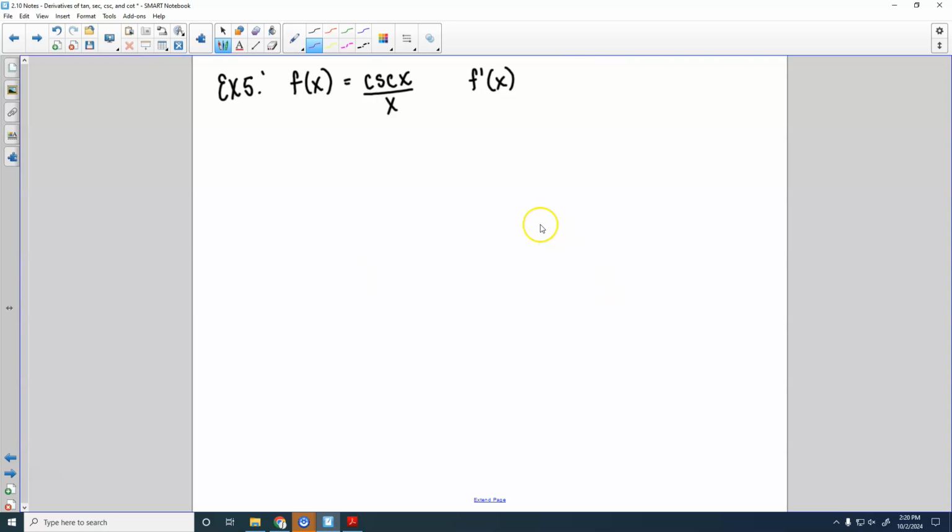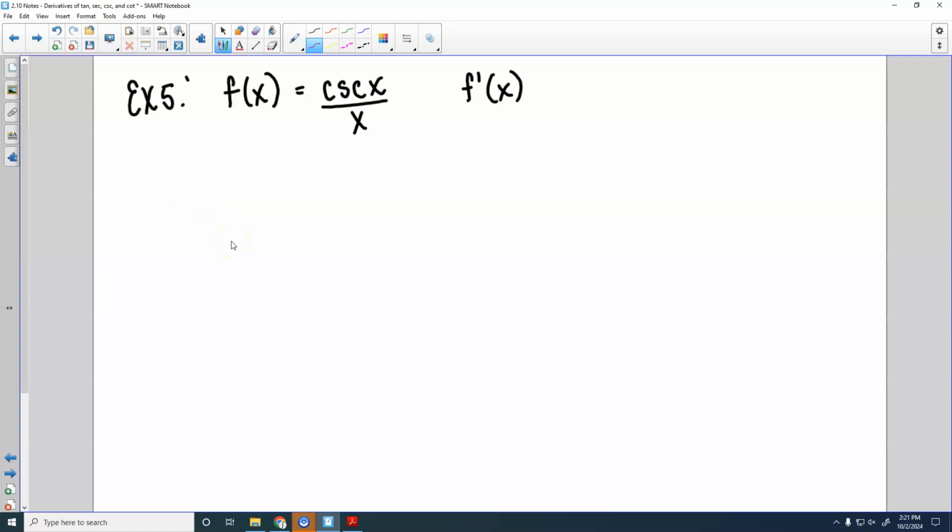So, if we see a problem like this, for example, 5, f of x equals cosecant x over x. We could change cosecant to 1 over sine if we wanted to. That would work.